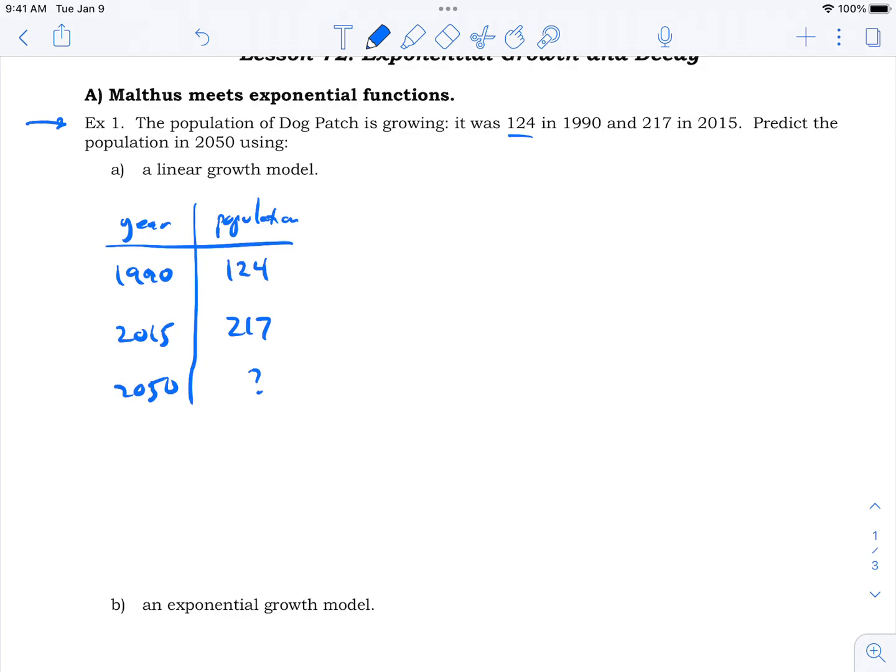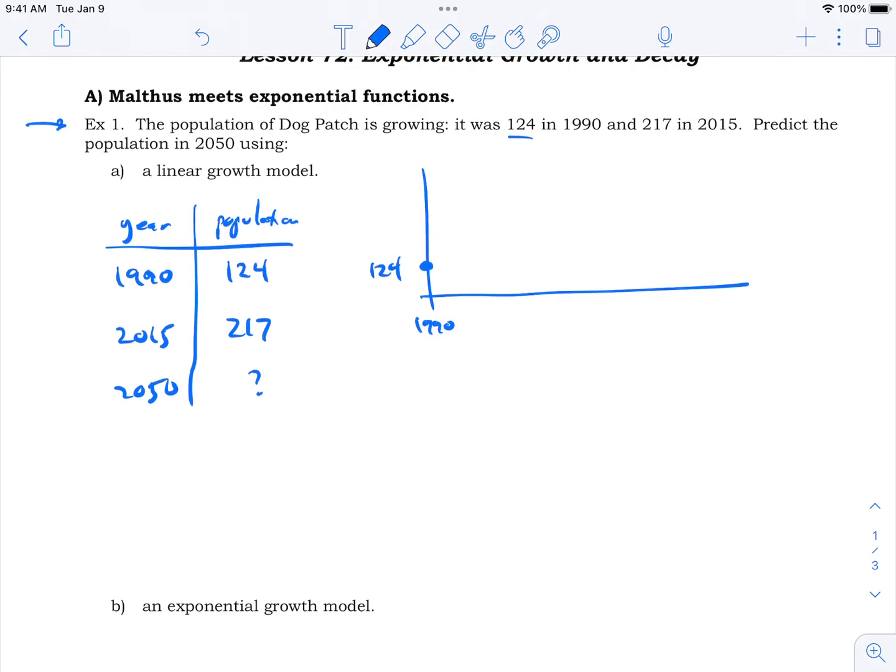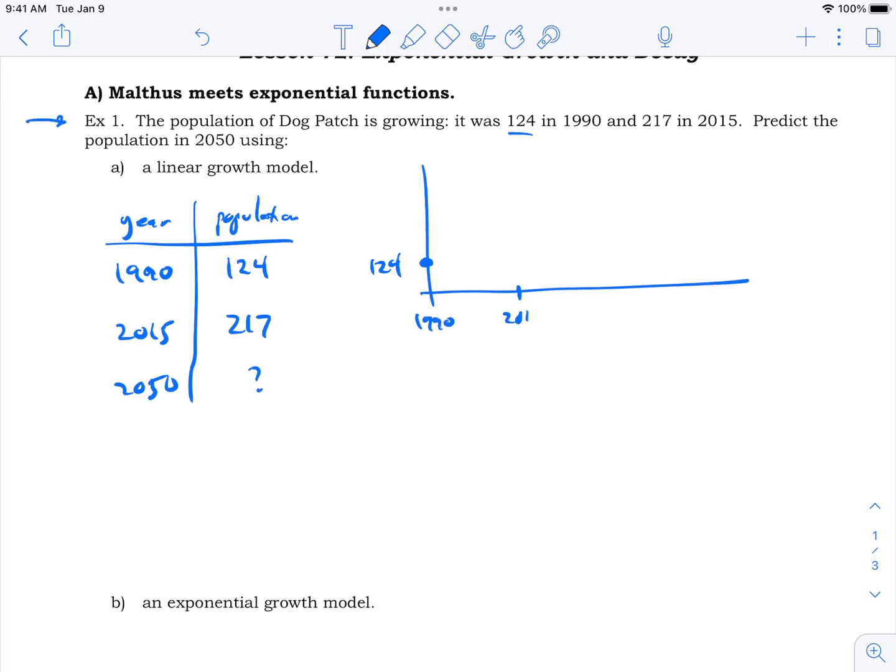Now, you could almost solve this just by making a graph. Here's 1990, and I'm at 124, so plot that point. Then the year 2015, which is 25 years later, we were at 217, which I'm guessing is right around there someplace.